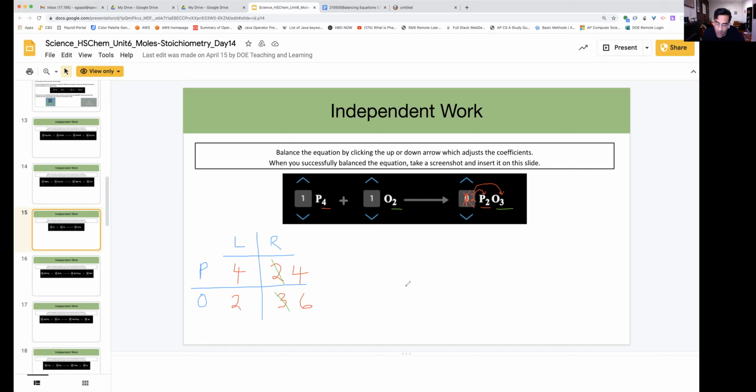Obviously all I need to think is 2 times what equals 6, or I can take the 6 and divide it by 2 and realize that I need to multiply this oxygen on the left by 3. So I'm going to do that right now. Cross this out, replace it with a 3, and now I can go here and cross out just my oxygen, because I was just balancing an element, not a compound. And it looks like everything is balanced.